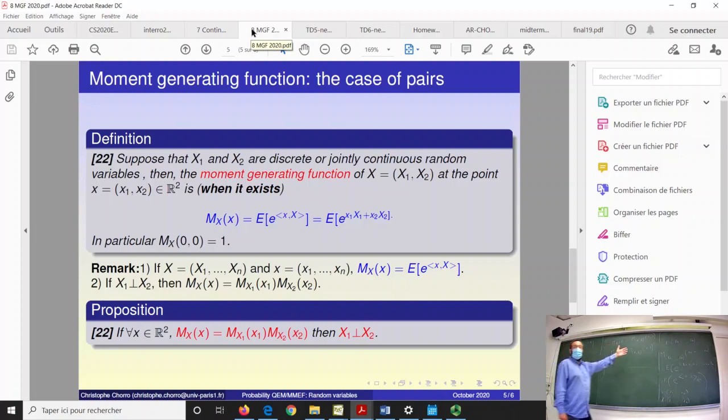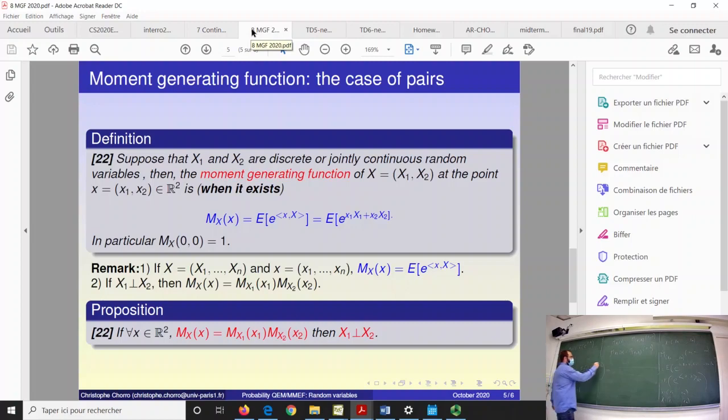So, the moment generating function has been defined for 1, and I can define it for 2, for n. For a finite number, no problem with it. I continue my remarks. This moment generating function can also be written the following way.